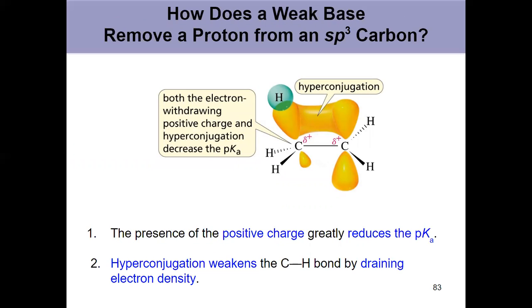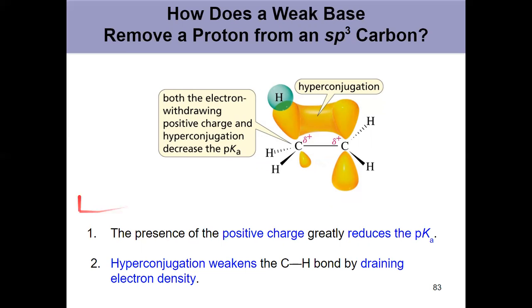Well, the first thing, how is the weak base removing a proton from an sp3 carbon? Well, it's that idea of hyperconjugation that we've continued to see throughout the course of organic, when you've got sigma bond electrons that are spreading out into an empty p orbital.